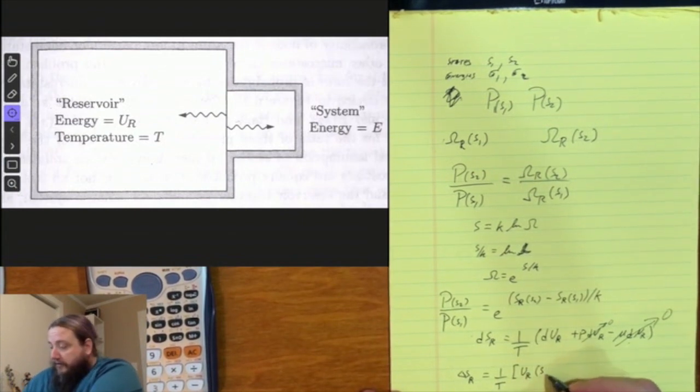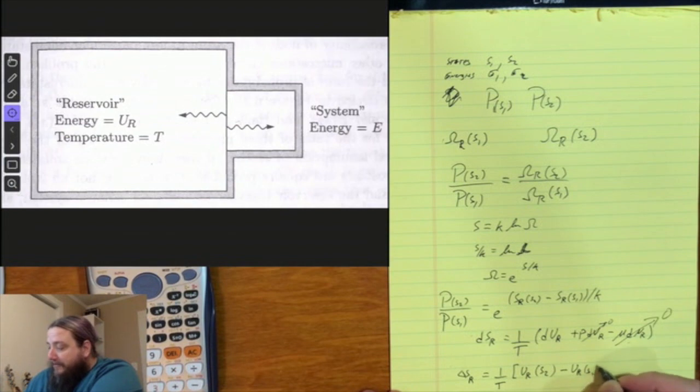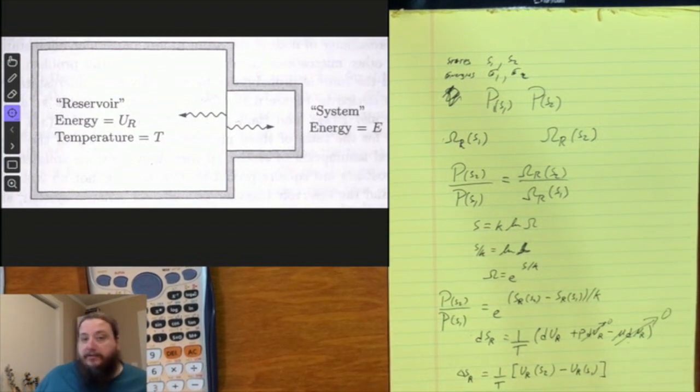So the energy of the reservoir when we're in state 2 minus the energy of the reservoir when our atom is in state 1.